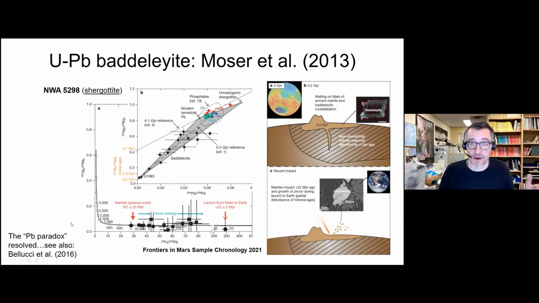So we think that the lead paradox is largely resolved, that the 4 billion year age by Bouvier et al. is thought to be essentially an artifact of mixing between the intrinsic compositions of the minerals and some kind of even Martian contaminant that has permeated the sample.